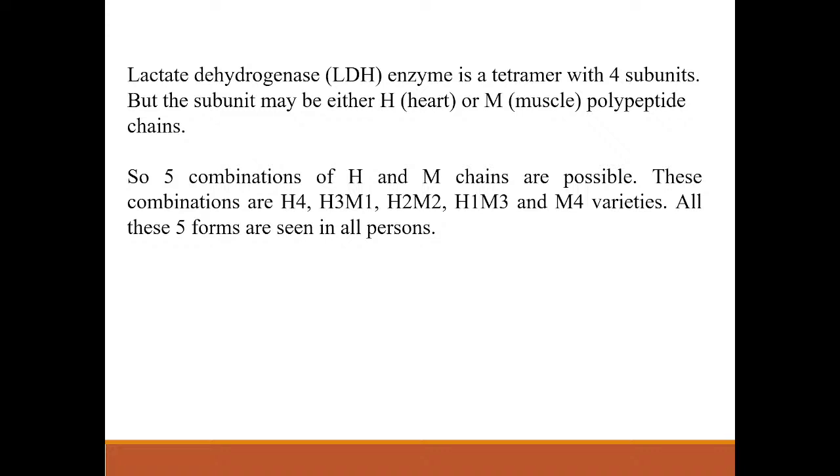This is the important thing. That means, in a single person all the 5 forms are seen. It is a tetramer, but you can have 5 different combinations with H and M. H4, last is M4 and the 3 combinations in between. Understood? This is a very simple way to understand, and you should note it down, these are important.